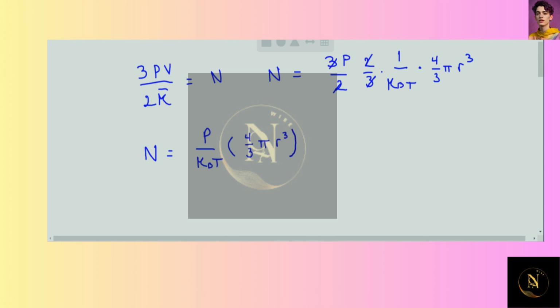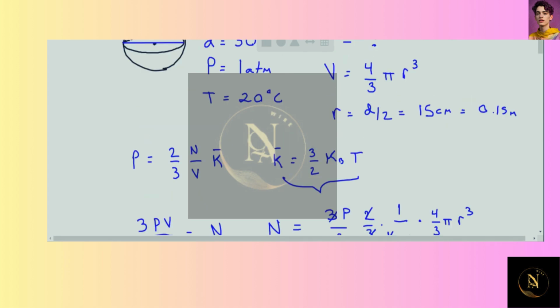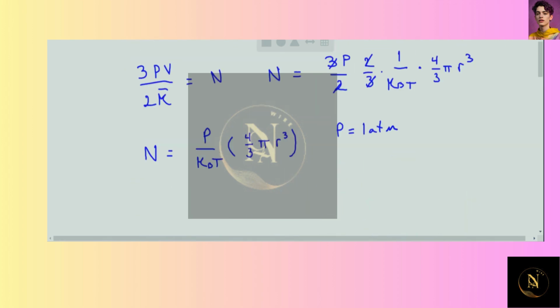Awesome. So now all we have to do is make sure that we have the right units for everything. We've already converted r to meters. We should convert our pressure to pascals. So I believe we had 1 atmosphere worth of pressure, which is equal to about 1.01 times 10 to the 5th pascals.